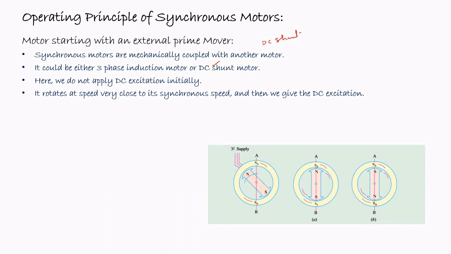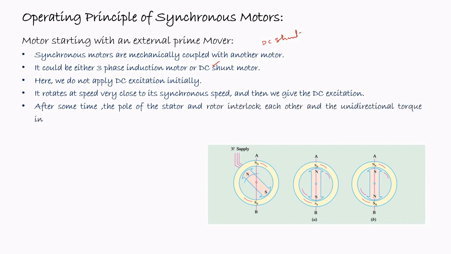Now, once the rotor starts to rotate at synchronous speed or very close to synchronous speed, then the DC excitation is given to the rotor windings. That means now the magnetic field will be produced in the rotor. So after some time, the pole of the stator and the pole of the rotor will interlock each other.